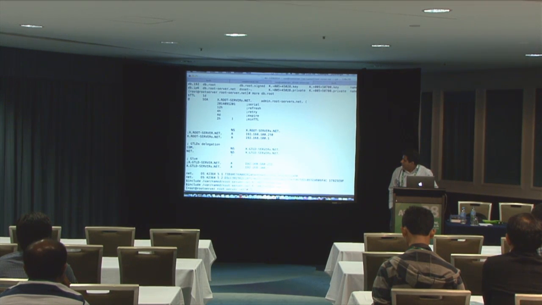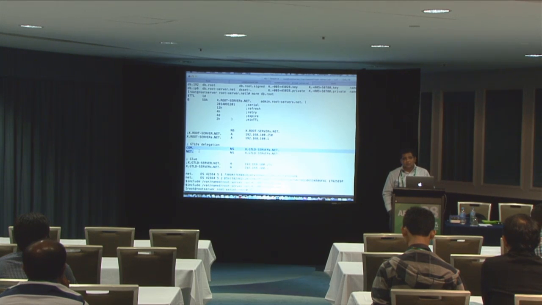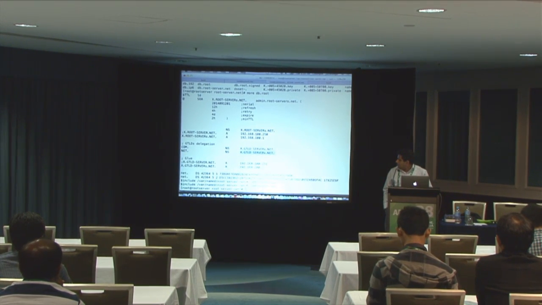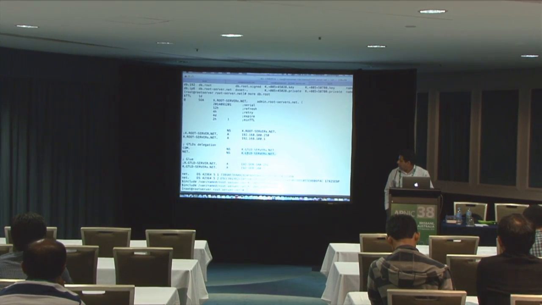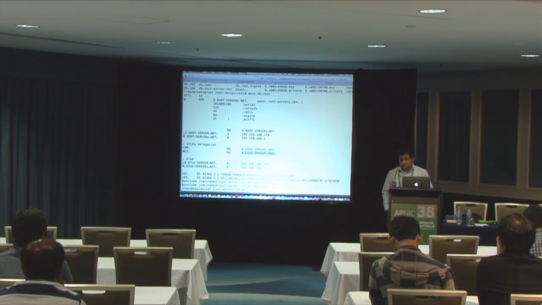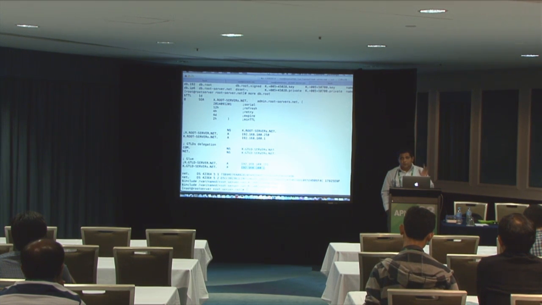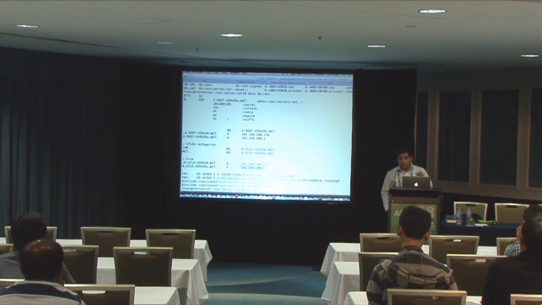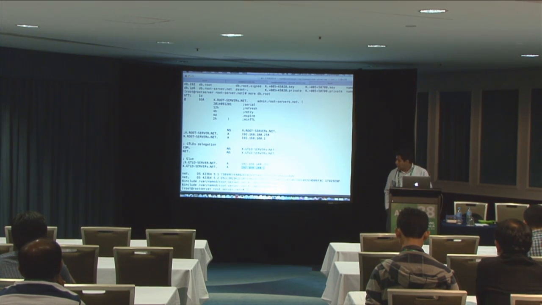And then I have two delegations, one for .com and one for .net, okay? And these are the name servers for .net. Actually, I'm running on x.gtldservers.net, okay? And which has got the IP address 192.168.200.1. That's the IP address of my .net server. Okay, so I have root running on 100.1, and then .NET is running on 200.1.